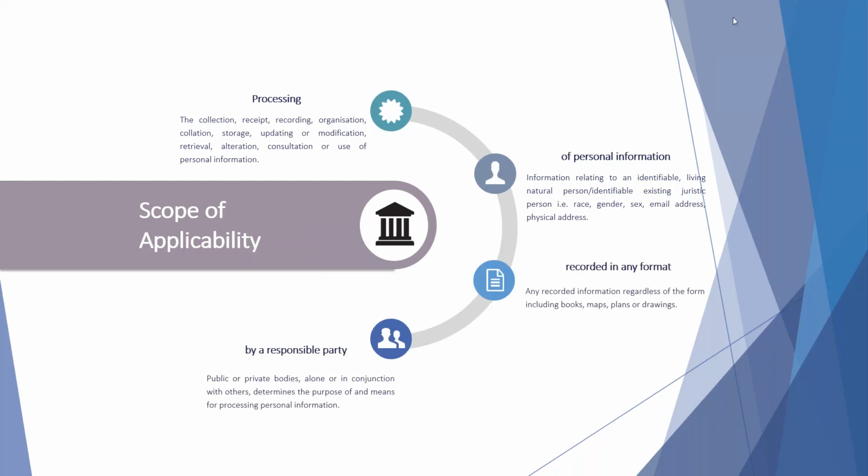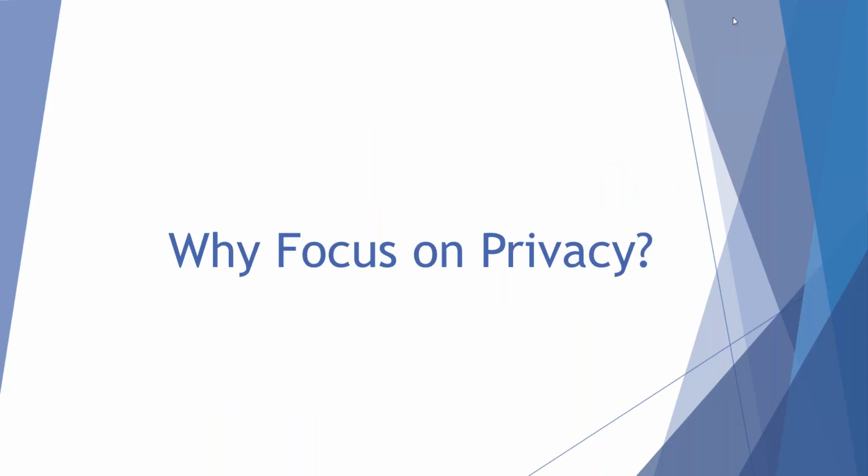So it could be a public or private body alone or in conjunction with others. So it's all about the chain of processing of personal information recorded in any format by a responsible party.